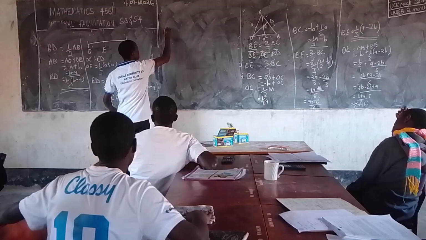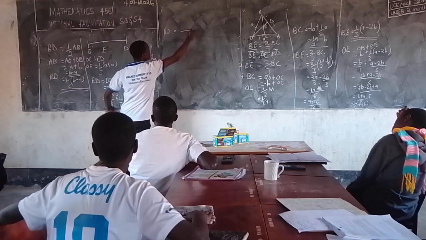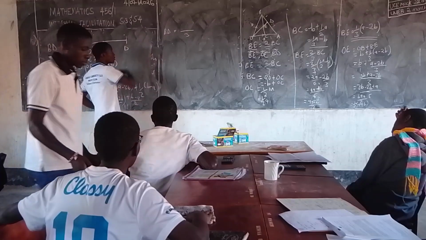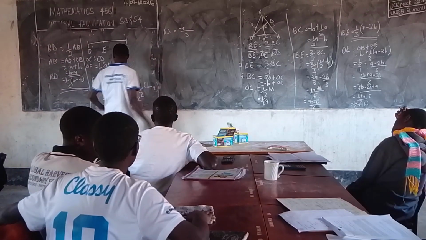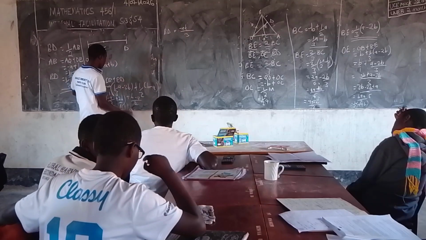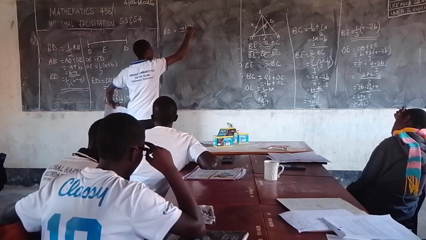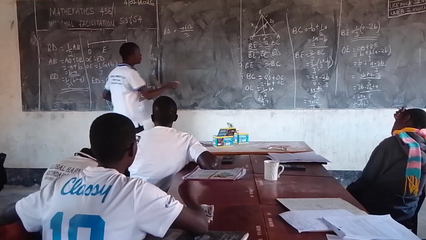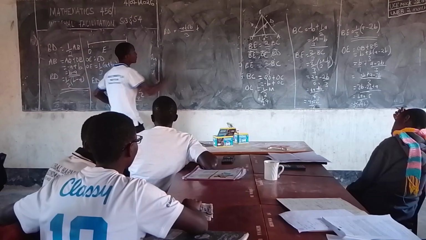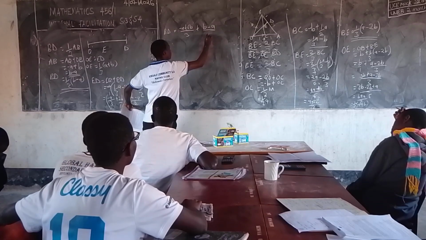So our ED, which we are looking for, is equal to 3 divided by 3, we have 1, so we multiply the remaining with negative a plus 3 divided by 3 is 1, times 2b, so our 2b is b. Therefore, plus our fraction, b minus a over 2.